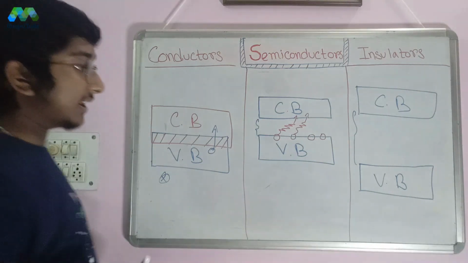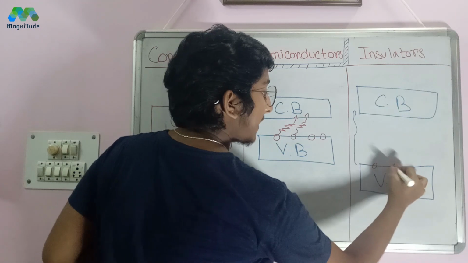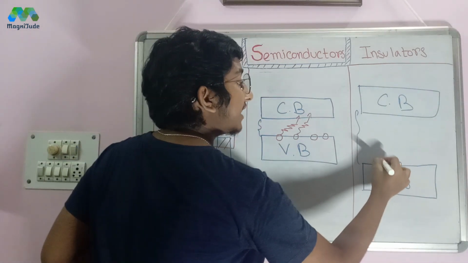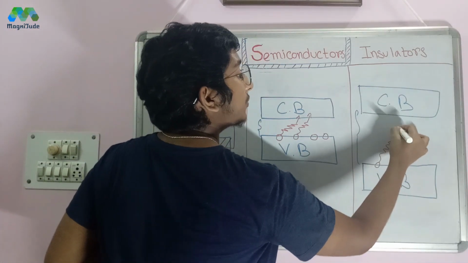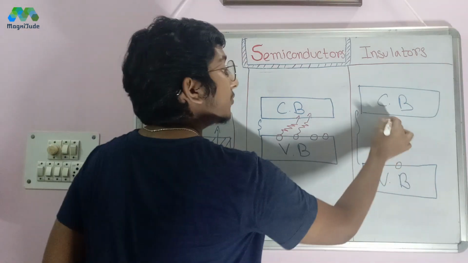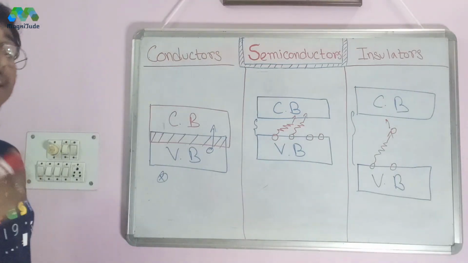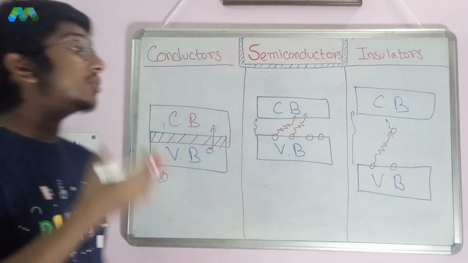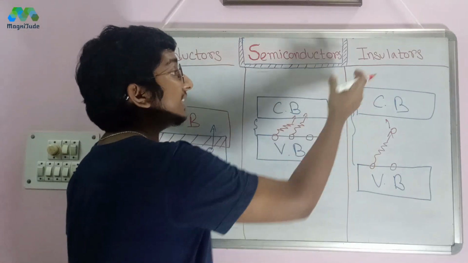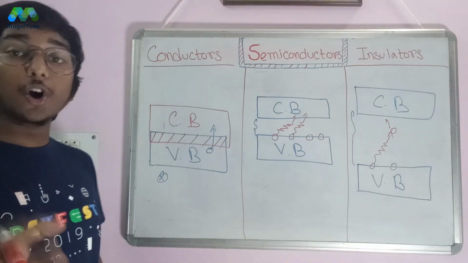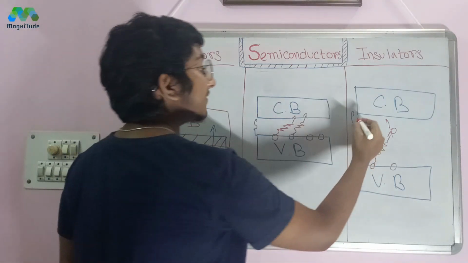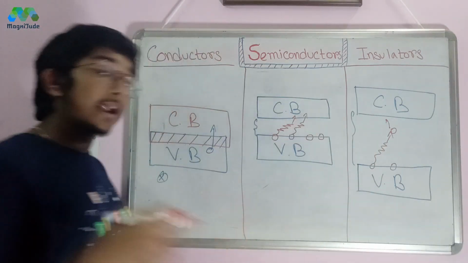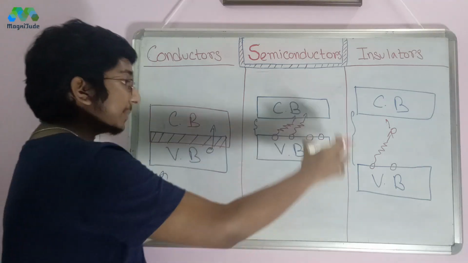So if any electron is present in the valence band, it does not have enough energy to move to the conduction band, hence there are no free electrons. So conduction in the case of insulators is not possible, and hence it has a very large forbidden energy band gap. So these are the basic stuff.